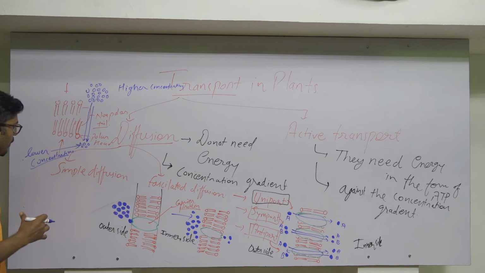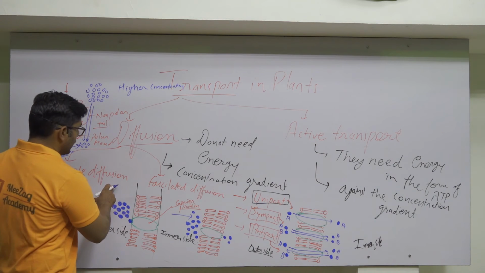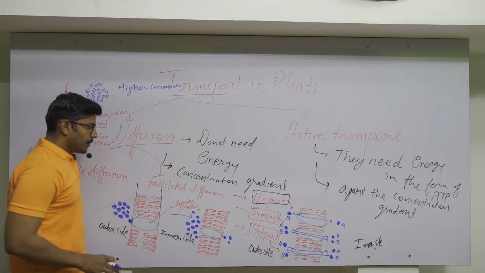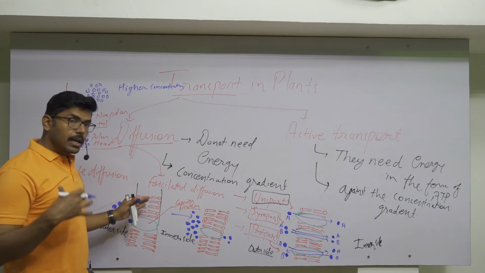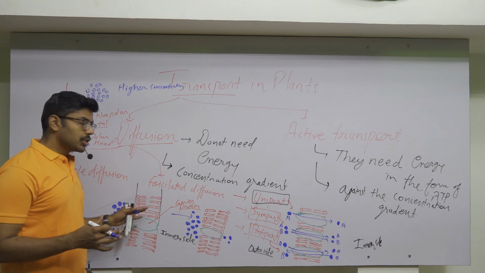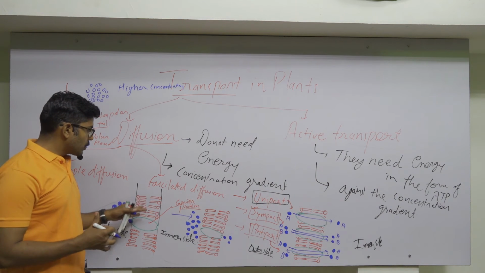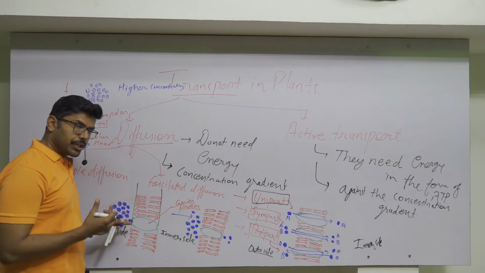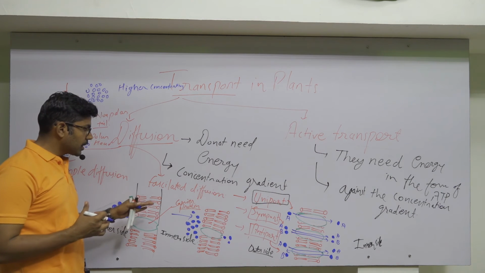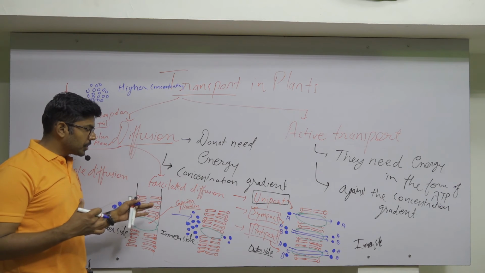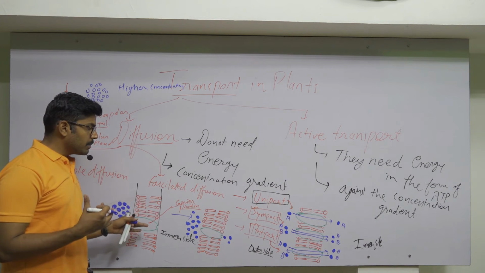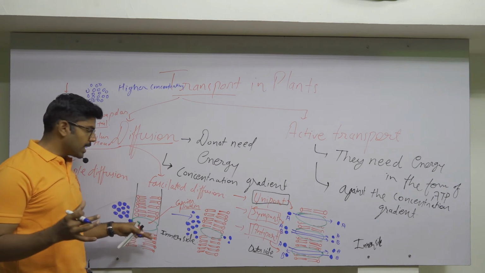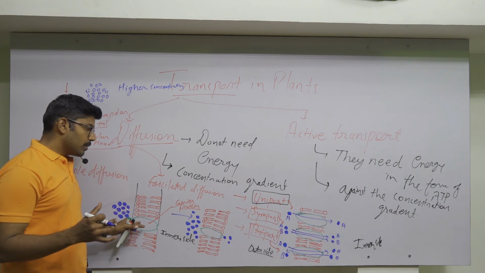In facilitated diffusion, they need a carrier protein to transport the molecules according to their concentration gradient. From higher concentration to lower concentration, the molecule will be transported with the help of a protein called a carrier protein.